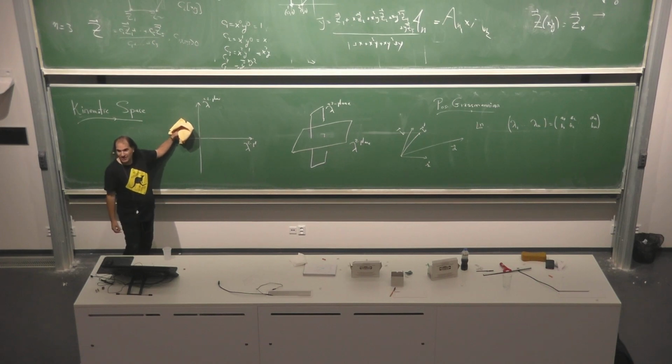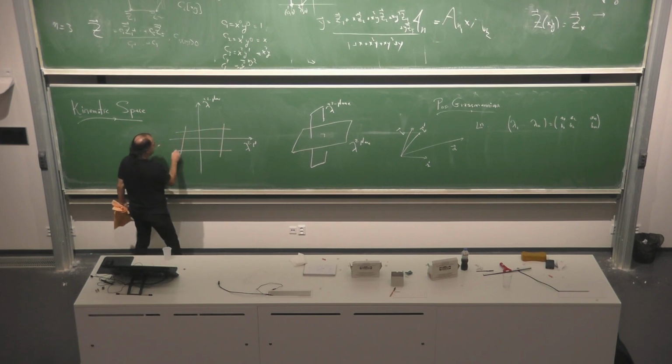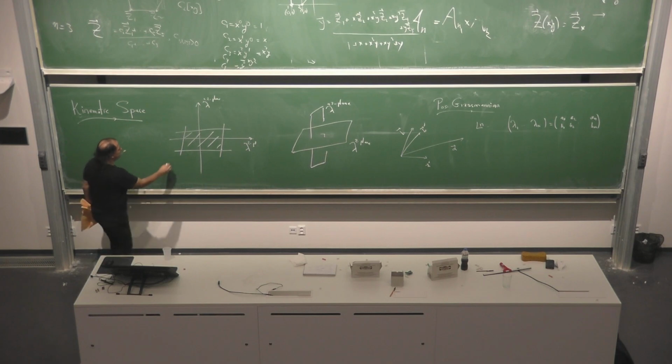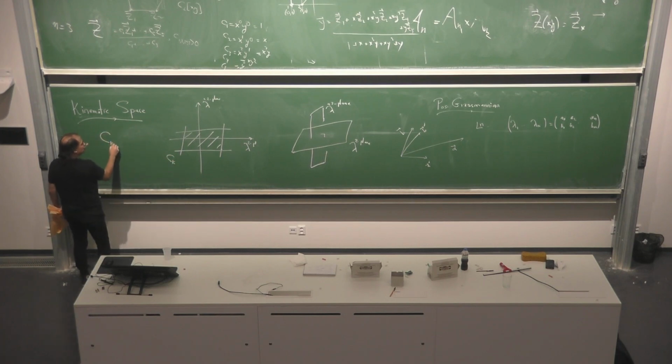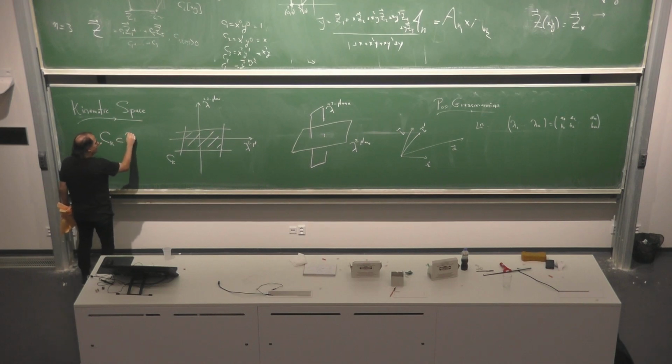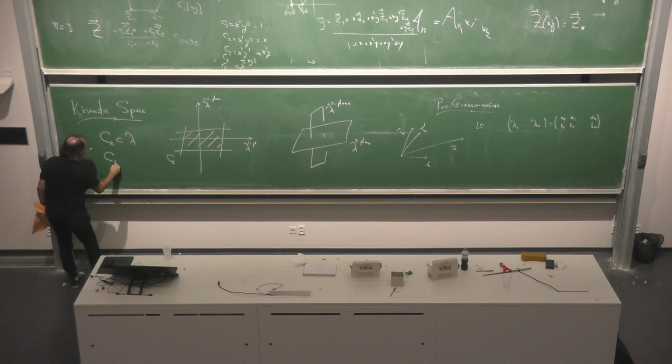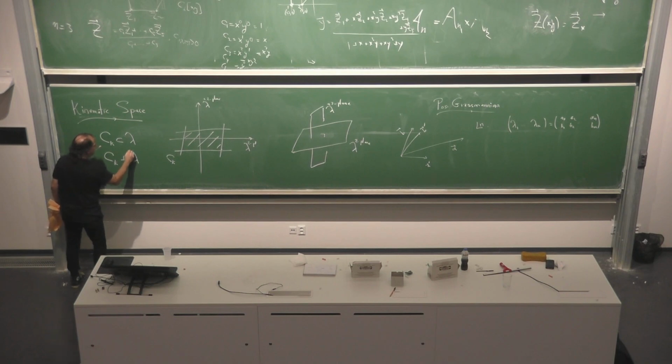The other actor is a k-plane. You say there's a k-plane C_k, and then you ask that C_k should contain lambda, and that C_k should be orthogonal to lambda tilde.